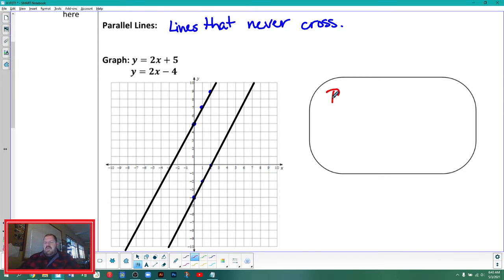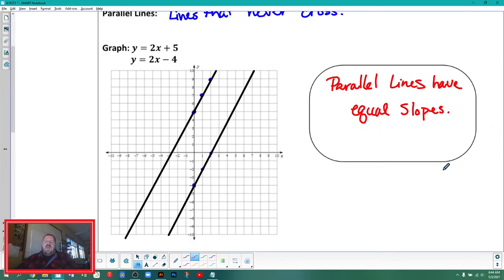We say that parallel lines have equal slopes. As long as the two slopes are equal, those two lines are going to be parallel.